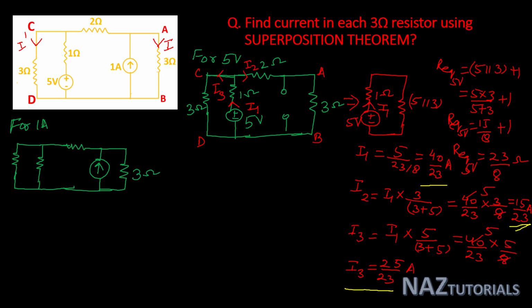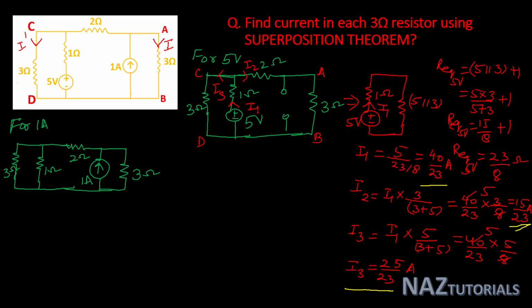This is 3 ohm, 1 ampere, 2 ohm, 1 ohm, and 3 ohm. If you see this circuit, in this circuit there is one current source which will provide current in each branch.